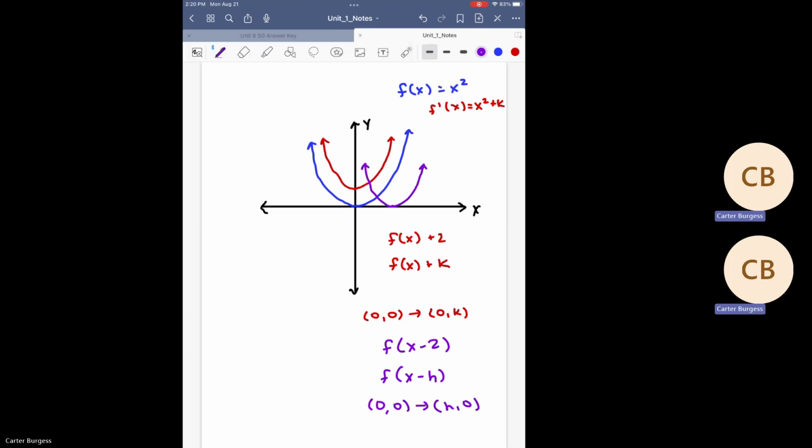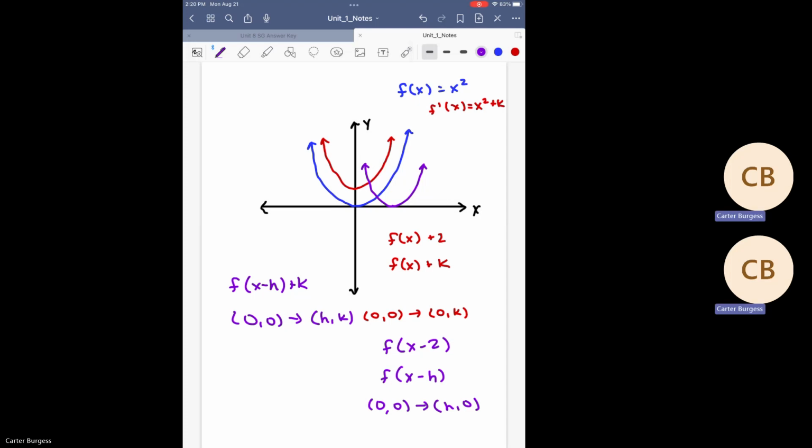Just shifting it along that x-axis. But we can do both at the same time. And so we might say that our function, this complicated f of x minus h plus k, is a function that takes the origin 0, 0 and moves it to our new point h, k.